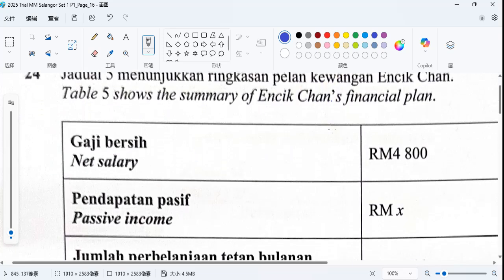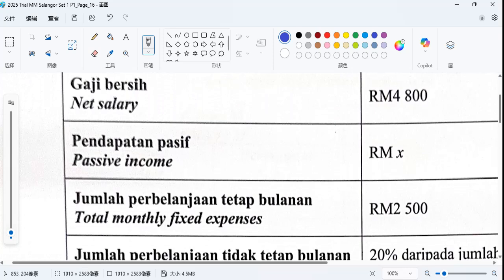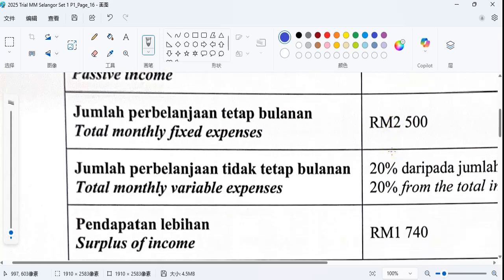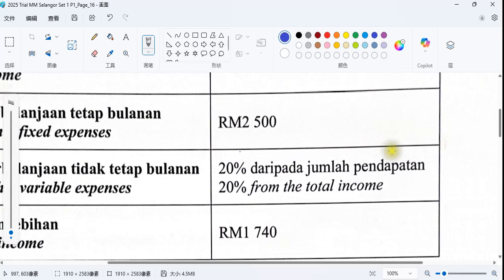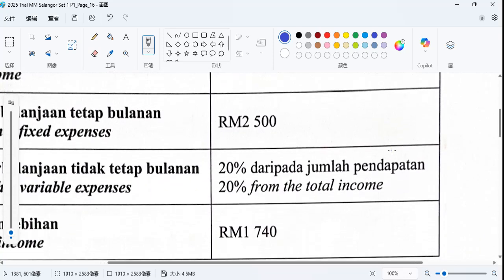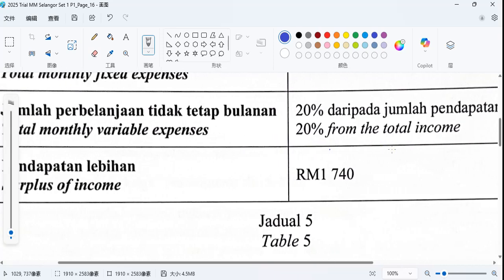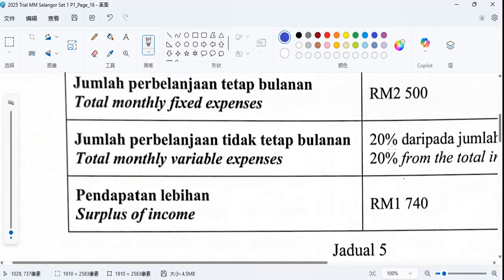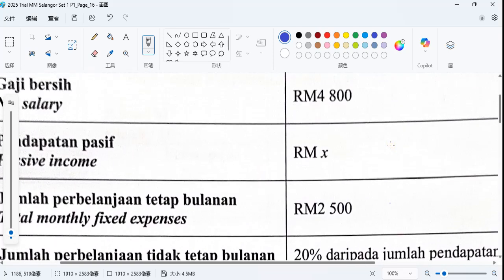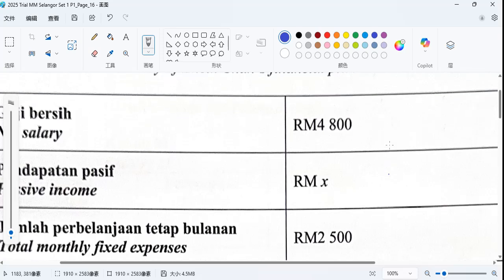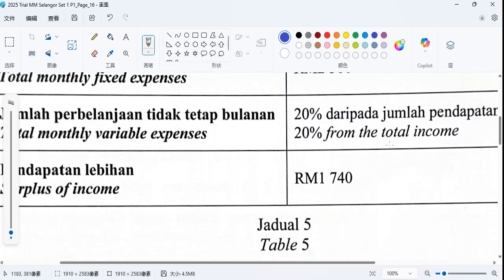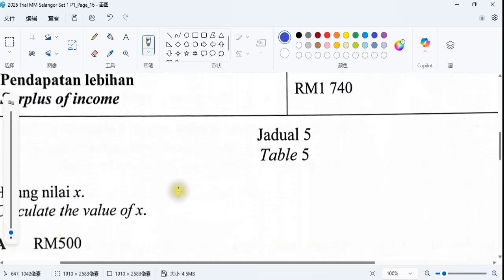Table 5 shows the summary of Encik Chan's financial plan. So net salary, passive income, fixed expenses, and variable expenses is 20% of the total income. So the surplus is 1,740. Calculate the value of X. Okay, so this one we have 4,800 plus X is the total income.